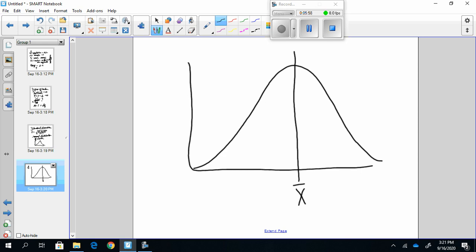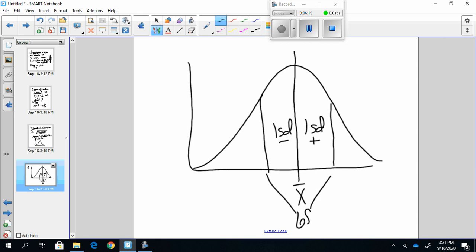And so a standard deviation is a measurement that shows me who will fall within that range. So within one standard deviation under and one standard deviation over, this will be 68% of my data. 68% of my values is going to fall in this area here.